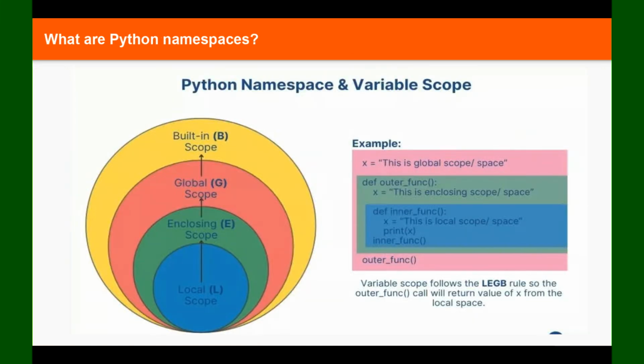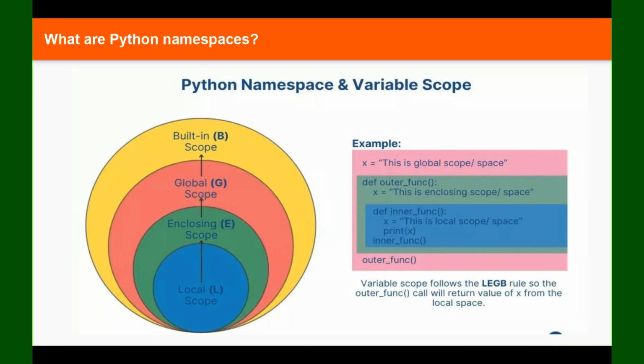The next question is, what are namespaces in Python? In Python, a namespace is a container that holds names and maps them to objects. It helps avoid naming conflicts by organizing and managing variable, function, and class names in different scopes. There are various types of namespaces.